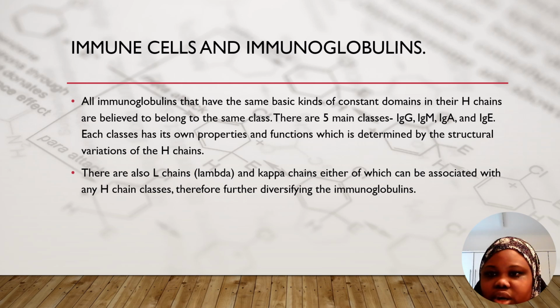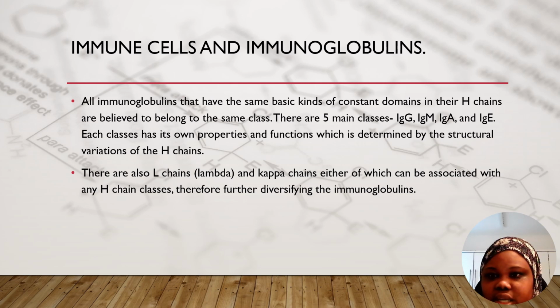There are four subclasses, which have different H chains, and the differences in H chains mean they all have their own biological properties. The IgG is the only class of immunoglobulin capable of crossing the placenta and allowing for some level of immune protection developing in the fetus.